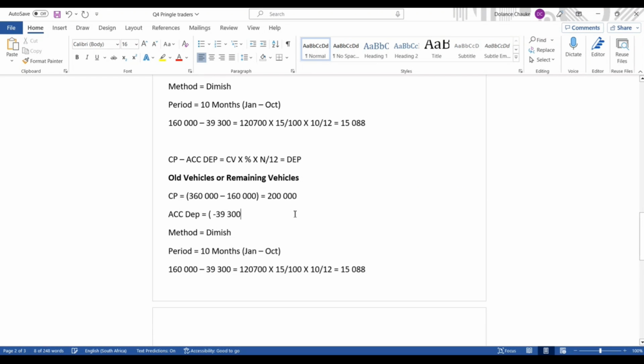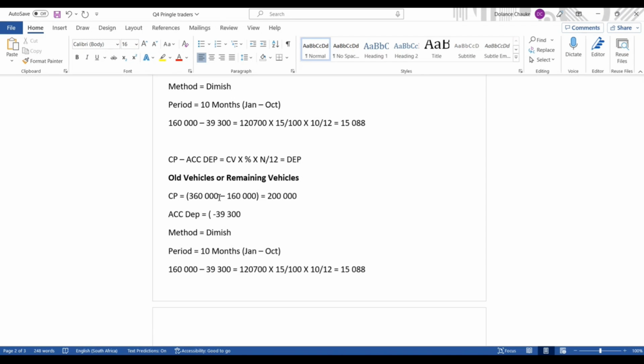We said the opening balance of all vehicles minus the vehicle that we have sold. Even when we go to the accumulated depreciation, we have to say the opening balance of the accumulated depreciation minus the disposed accumulated depreciation.